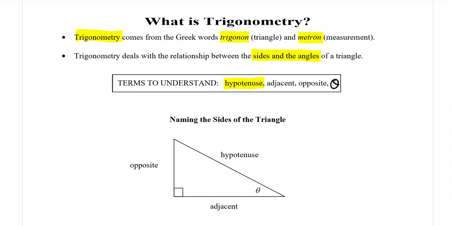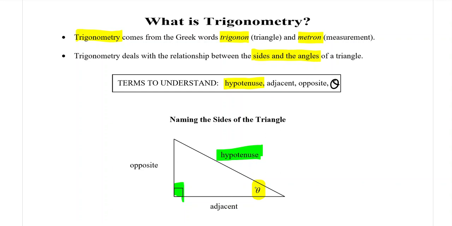So when you find your triangle, lots and lots of triangles in this topic, first of all, you'll look for your right angle, and straight across from that is my hypotenuse, just like Pythagoras' theorem. So that's the easy one to start with. The second thing you want to look for is the angle, because it depends where the angle is as to how we name the other sides.